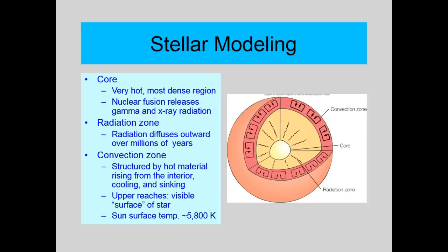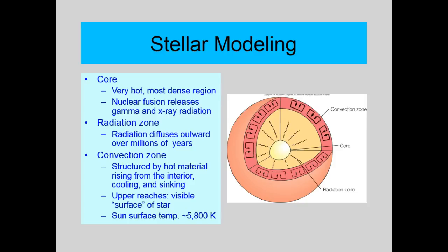When that core got hot enough from the friction of those molecules and atoms bumping in and rubbing against each other, and that's incredibly hot, then you had fusion happen. Fusion starts pushing outward. So gravitational attraction is pulling inward, fusion is expanding greatly, and that's then called the radiation zone.